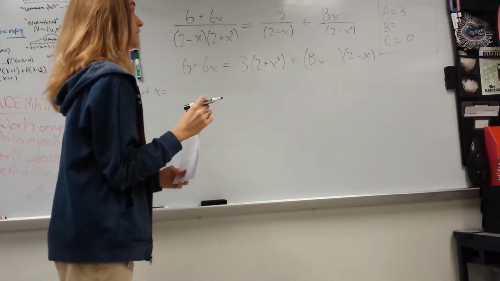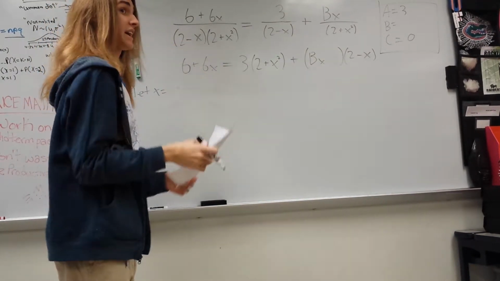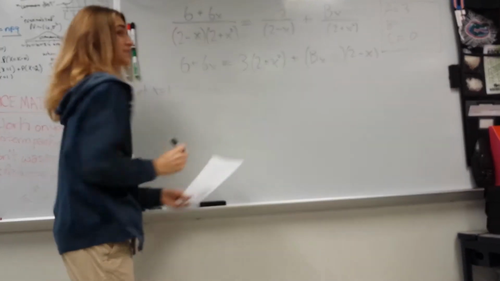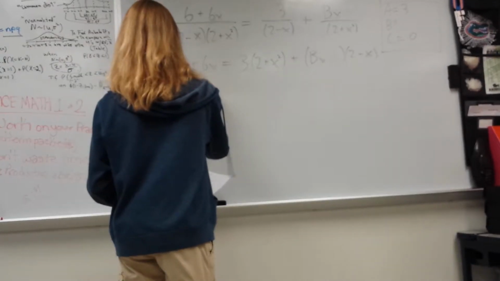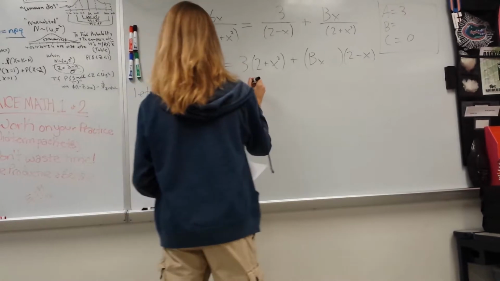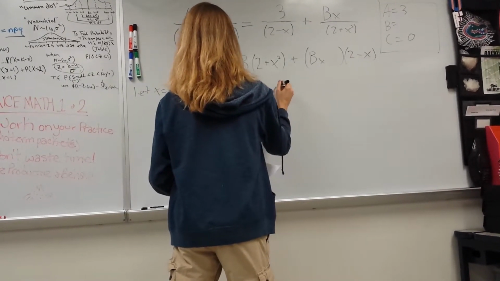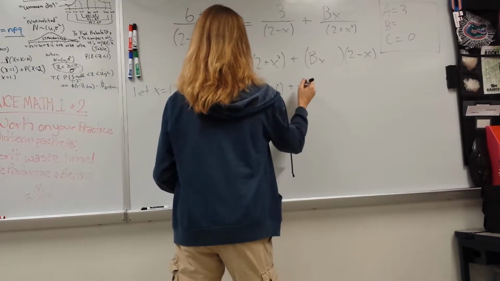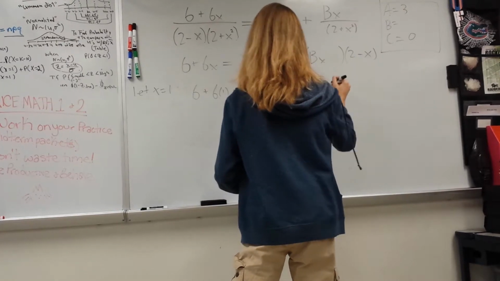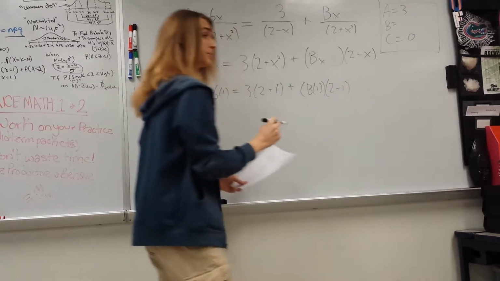So to find b, we just plug in any arbitrary x value because it's only one variable. Exactly. 1 is usually the easiest because it's less to deal with. So 6 plus 6 times 1 times, in this case, 3 times 1 plus 1 squared, plus b times 1, ignore the c because we already know it's 0, times 2 minus 1.